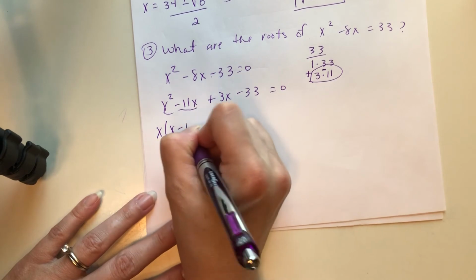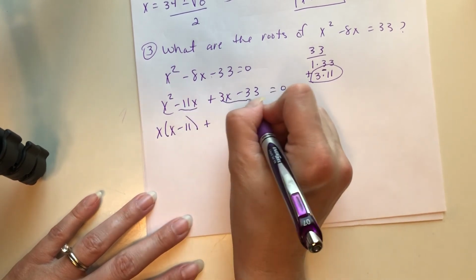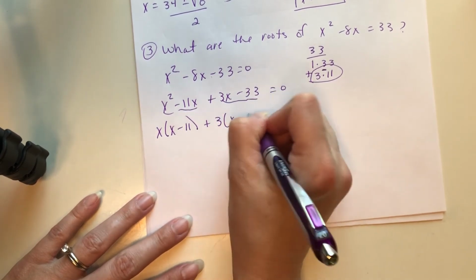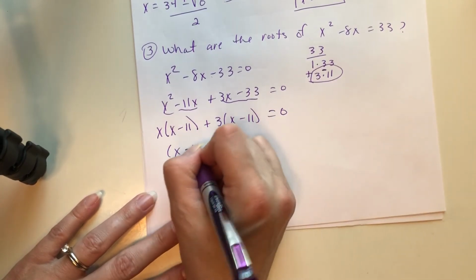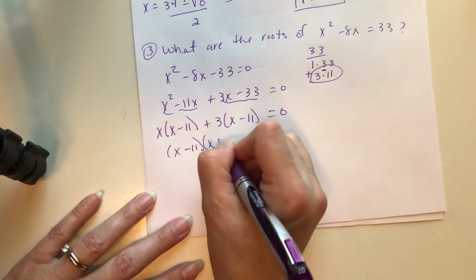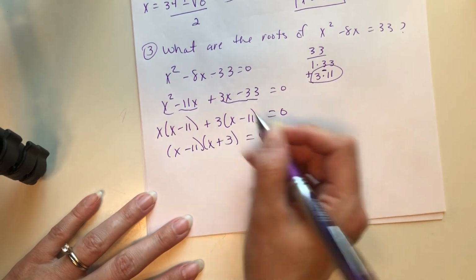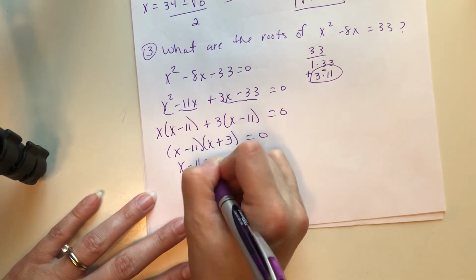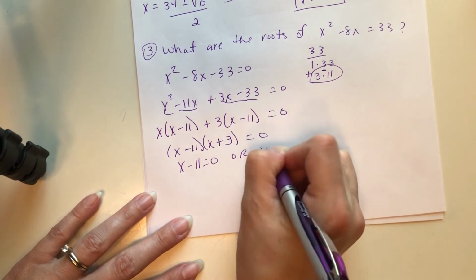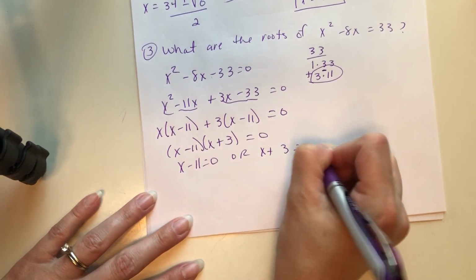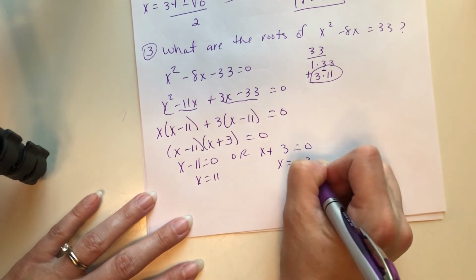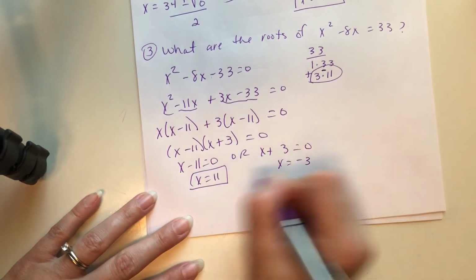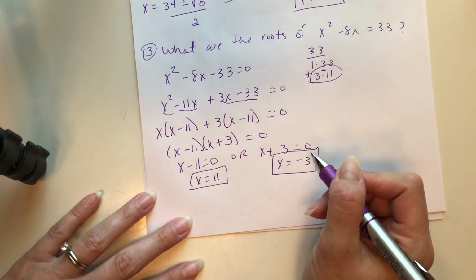It gives x minus 11. Factor out the 3. Leaves x minus 11. And now pull out x minus 11 times x plus 3 equals 0. So x minus 11 equals 0, or x plus 3 equals 0. X equals 11, or x equals negative 3. And that's it. Those are my answers, 3 and negative 11.